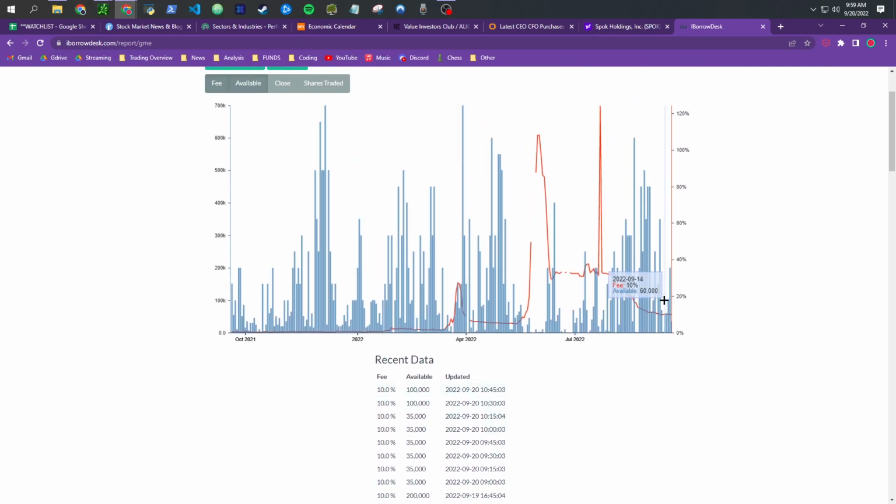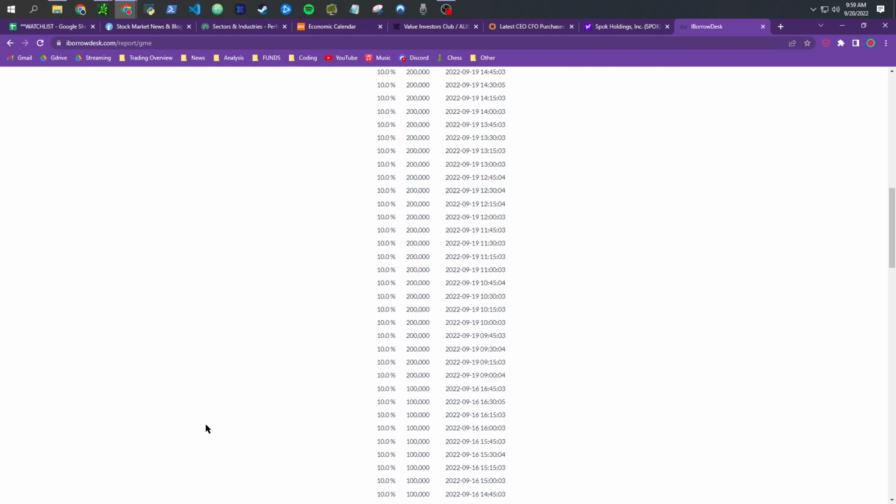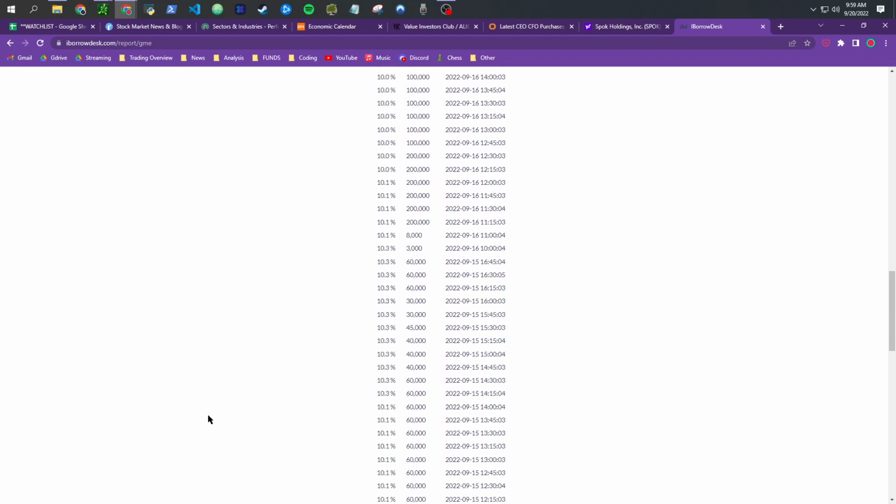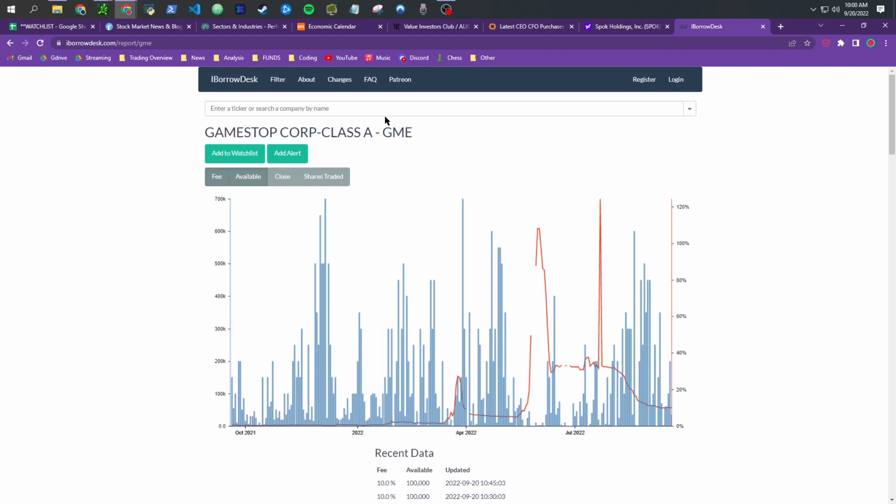Oh, it's pretty high. Or I guess it's been that high. Okay, it's been higher, never mind. That's pretty high. So yeah, this is another thing I'll look at. Not necessarily to screen for plays, but if I'm just curious about the short interest of a stock, and I want to see how much short sellers are paying to short a particular stock.